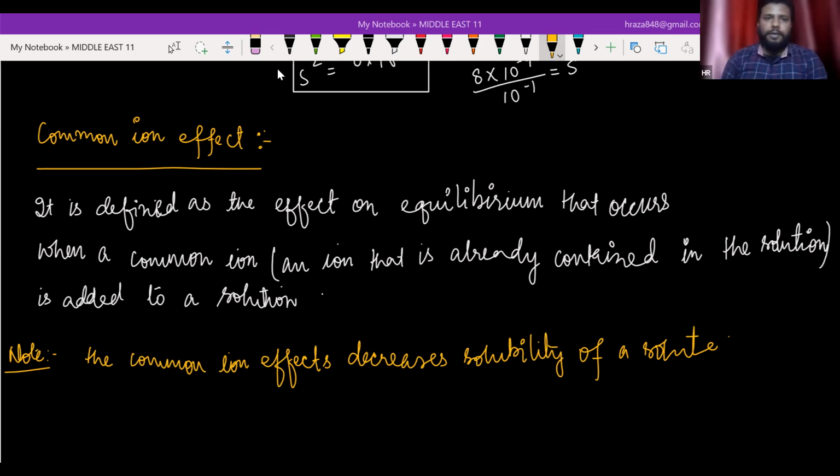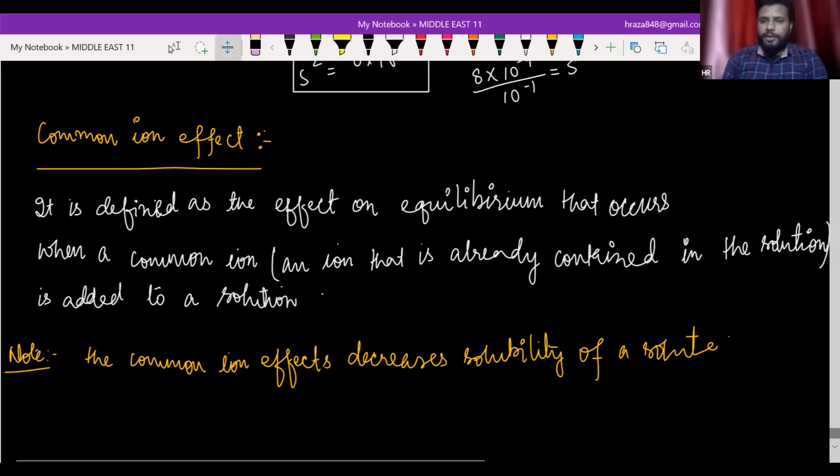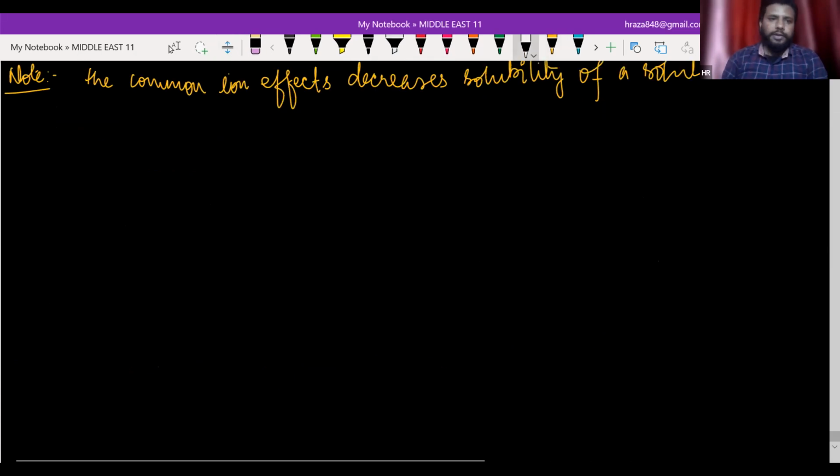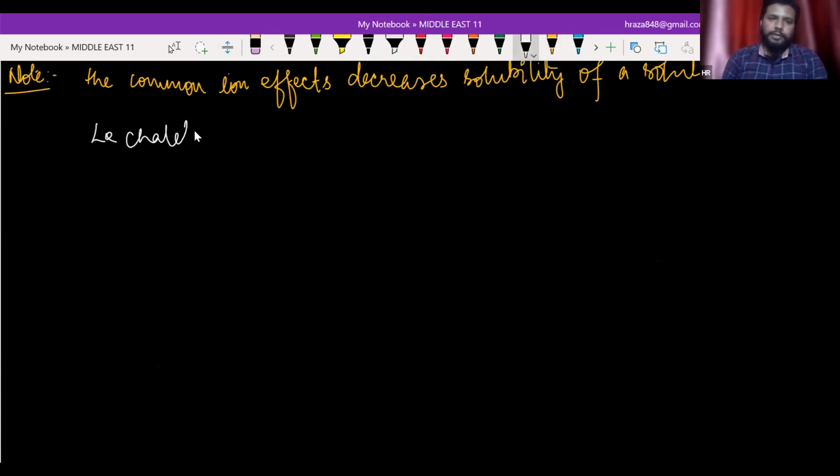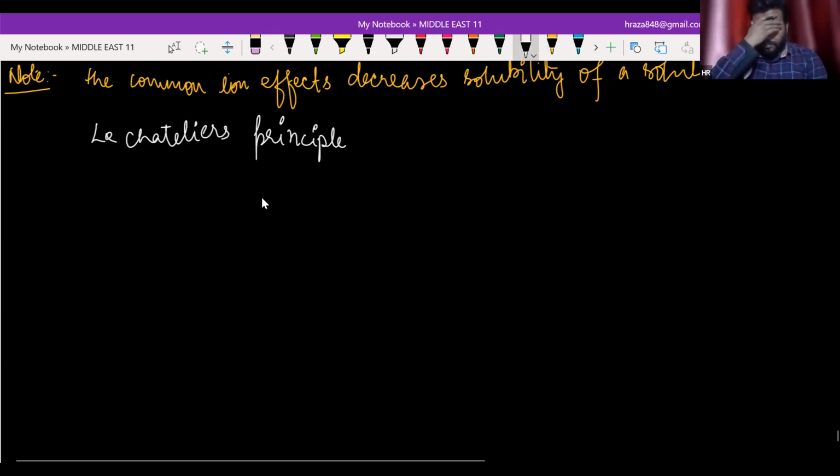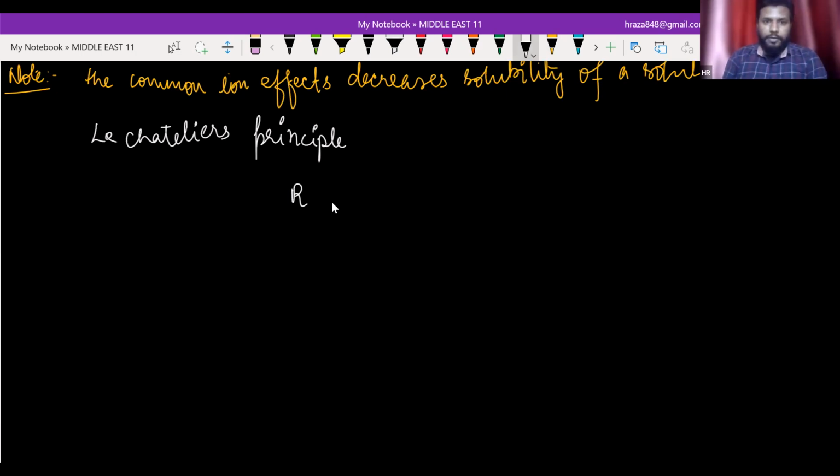Now see, according to Le-Chatelier's principle, we already studied about it. You know that if a reaction is given, a reactant to product, basically, I just wrote it in a wrong manner.